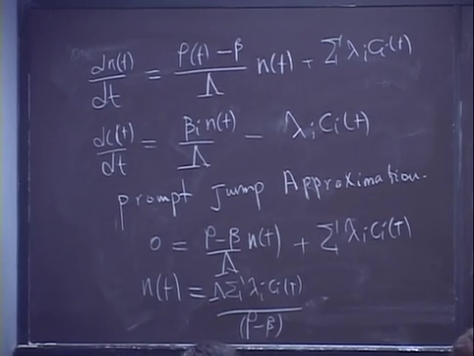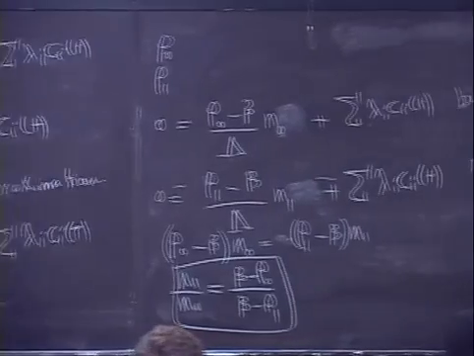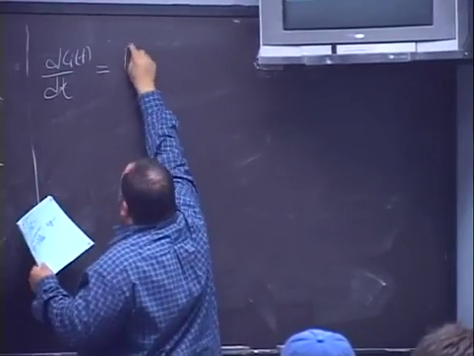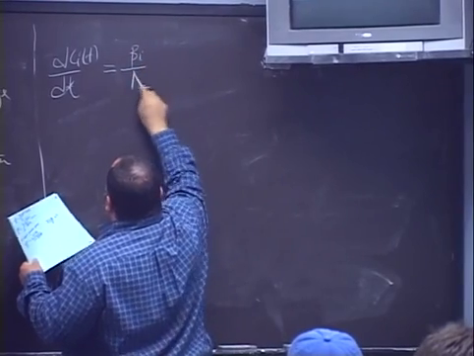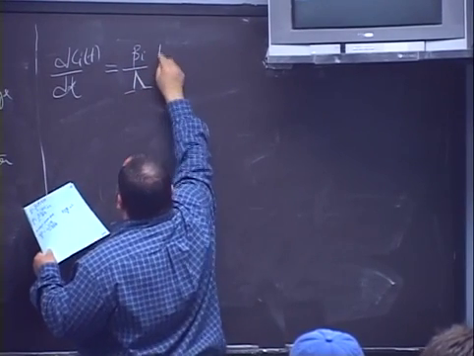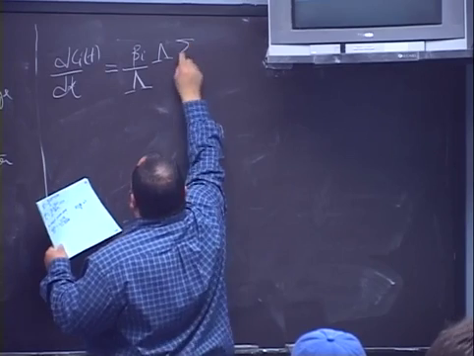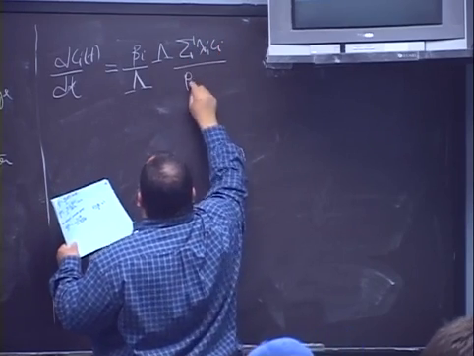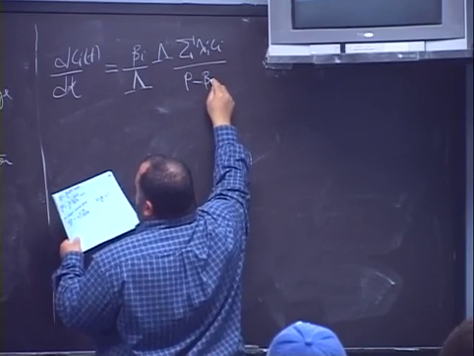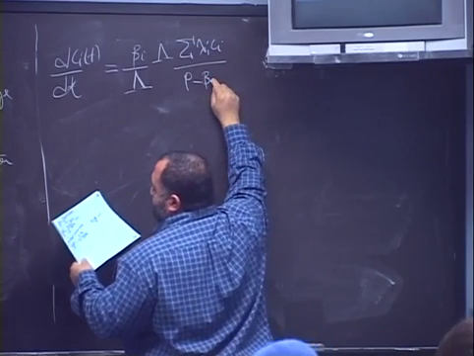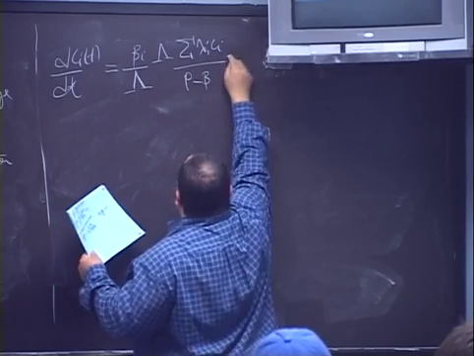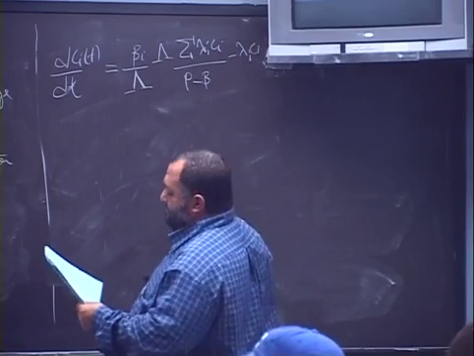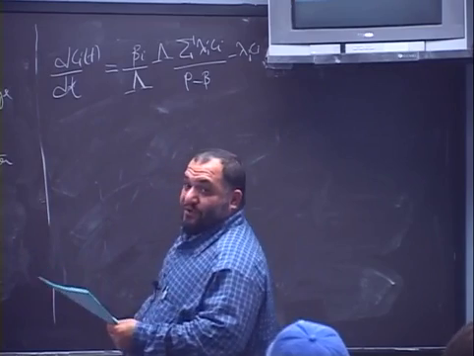And this will give you dci of t by dt equal to beta i divided by gamma multiplied by gamma summation of lambda i ci divided by rho minus beta, minus lambda i Ci. Where's the minus sign?